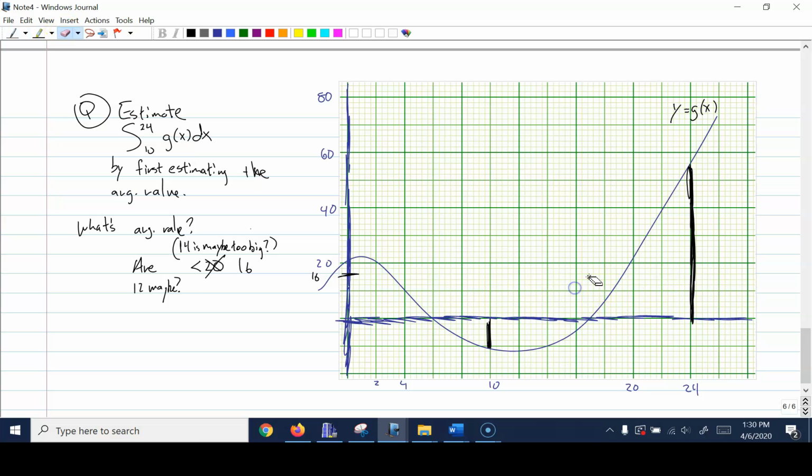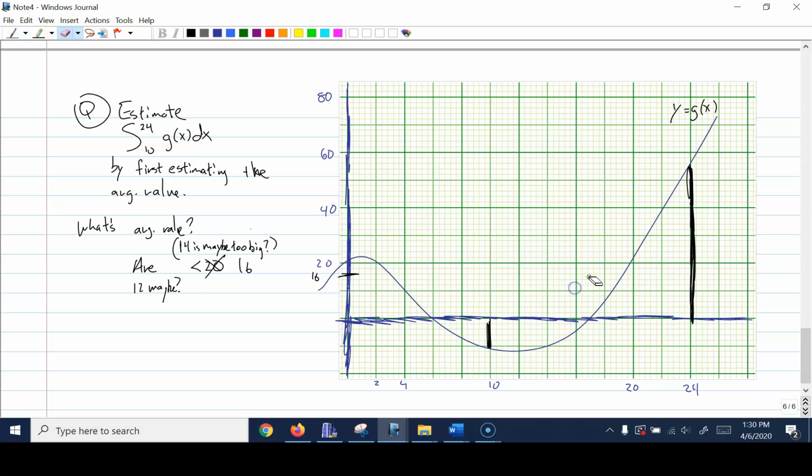Does 10 look too low? If I draw the line at 10, now I'm comparing this area to this area, and yeah, I think the one on the right is definitely bigger than the one on the left now. So I feel confident saying that, here's my guess.